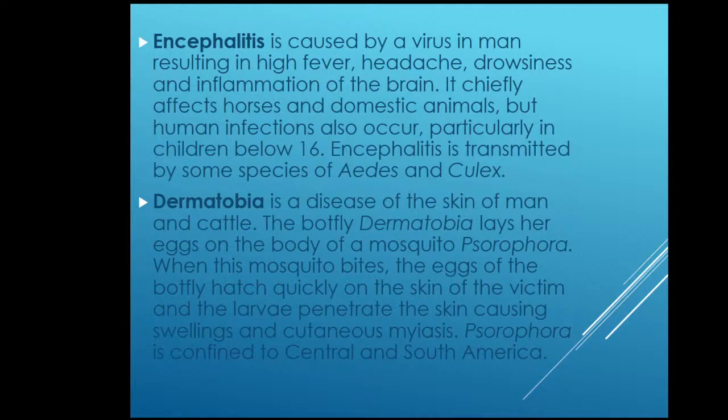When the mosquito bites a person, the eggs of this botfly hatch very quickly, and the larvae of this fly penetrate the human skin and cause swelling, inflammation, and pain. This is cutaneous myiasis. So this fly uses some species of mosquitoes as a vector for larvae and eggs.